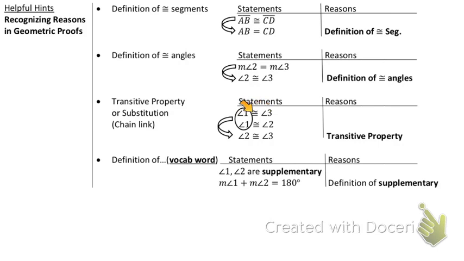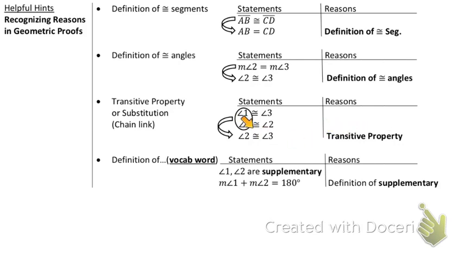So angle 1 is congruent to two things. It's congruent to angle 3 and angle 2. We can now say, by association, angle 2 and 3 are congruent because they're both congruent to angle 1. This is called transitive property.